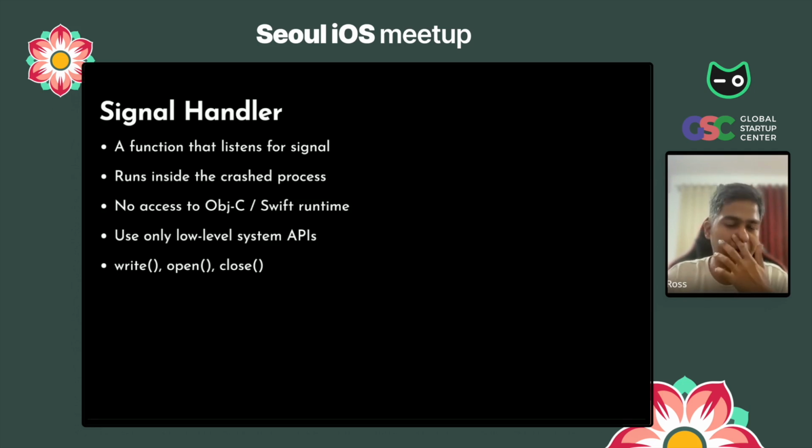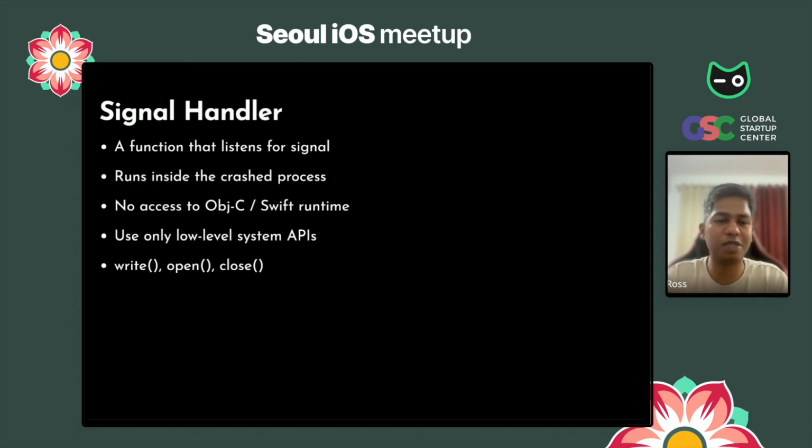Now, because it's running inside the same crashed process, you don't have access to Objective-C runtime and Swift runtime APIs. You can't even use something as trivial as NSLog or print statements, because it can lead to data corruption or a deadlock.